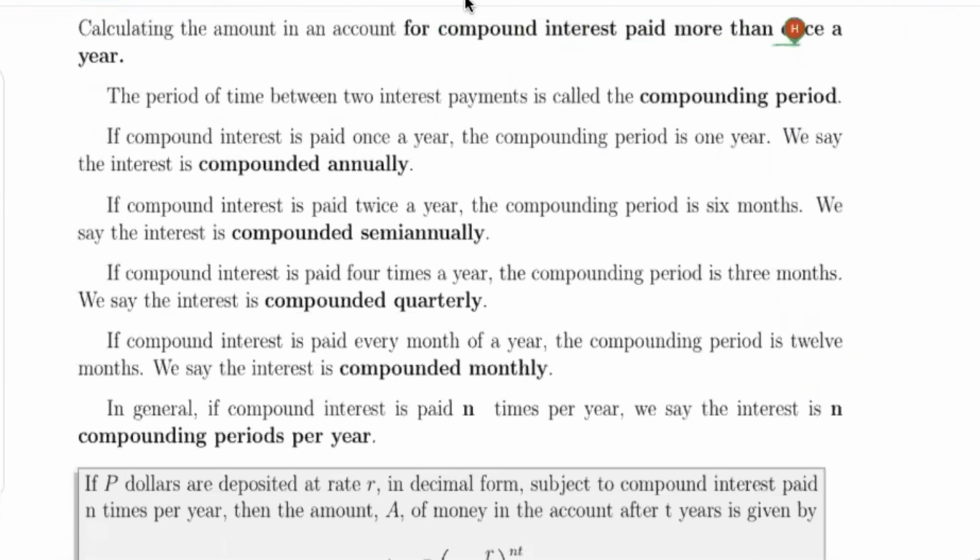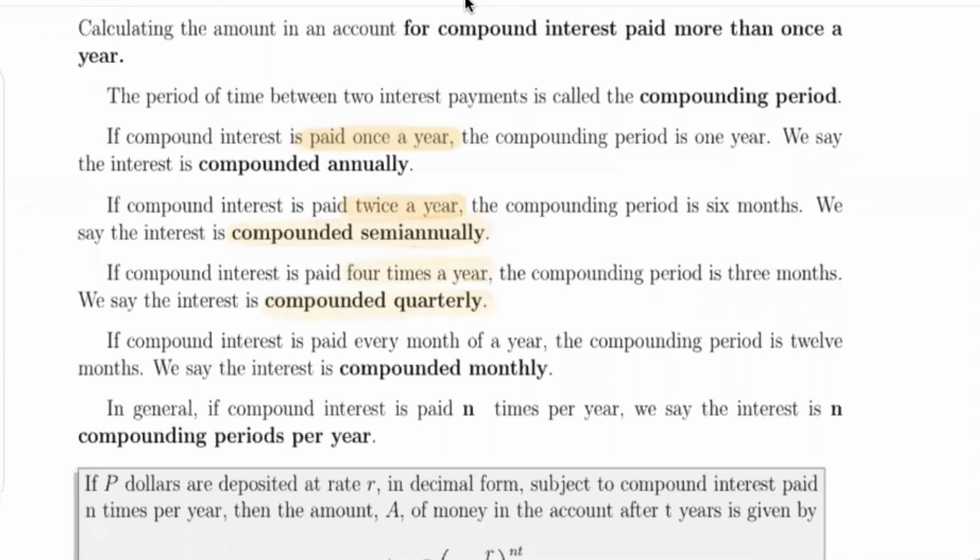We call the period of time between two interest payments the compounding period. And what kinds of compounding periods do we have? We have compounded annually if interest is paid once a year. We only get paid once a year. If compound interest is paid twice a year, we call it semi-annually. If compound interest is paid 4 times a year, we call it compounded quarterly.